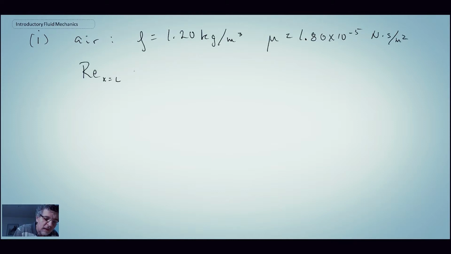So let's start with air. The equation requires us to evaluate the Reynolds number at the end of the plate. This will also enable us to determine whether we're dealing with a laminar or a turbulent flow as a bit of a check.